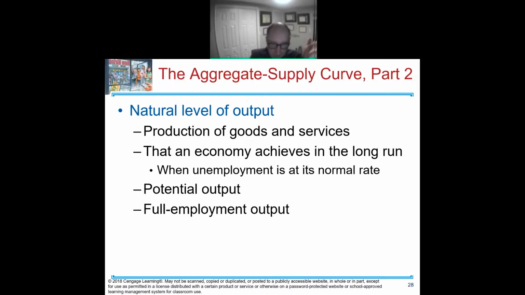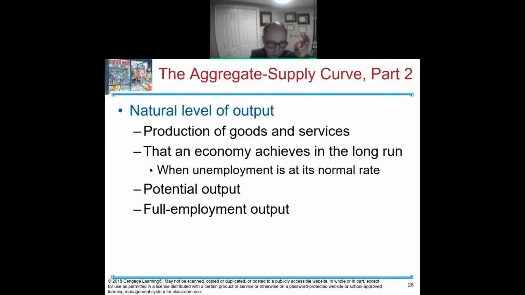With supply of goods and services, production is pretty natural, meaning in the long run, it's very nominal. There's not a whole lot of changes in the long run. In the long run, the unemployment rate is steady.